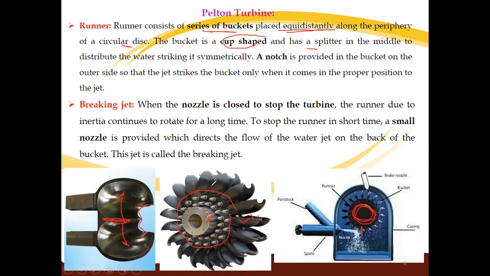Now we have the next part, called the braking jet. It is also a type of small nozzle. When the nozzle is closed to stop the turbine, the runner continues to rotate due to inertia. Even if we cut the supply of the nozzle using the sphere, the runner keeps running because of momentum.